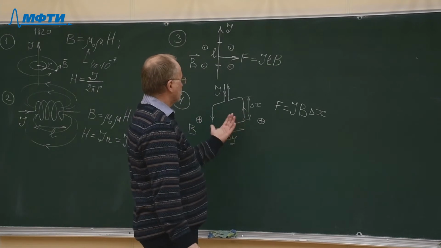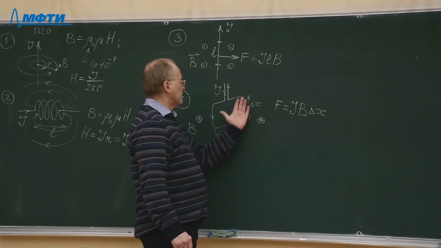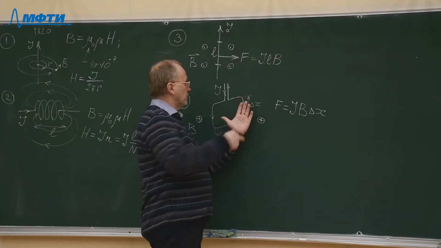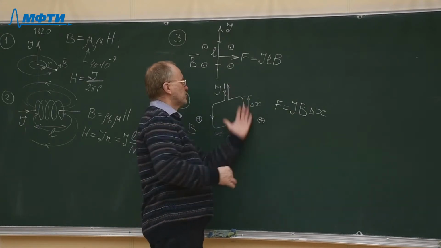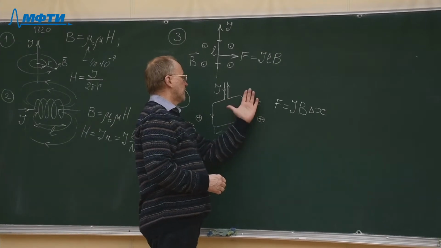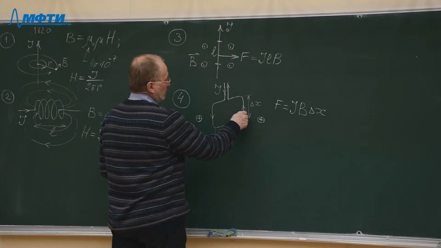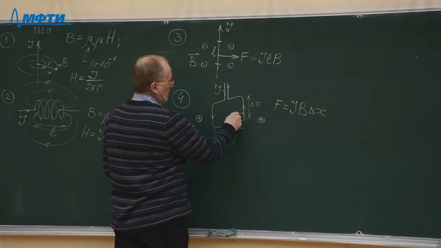So in this case, the force will be directed... if the magnetic field goes in your palm and the four fingers show the direction of the current, then the force will be directed along this.